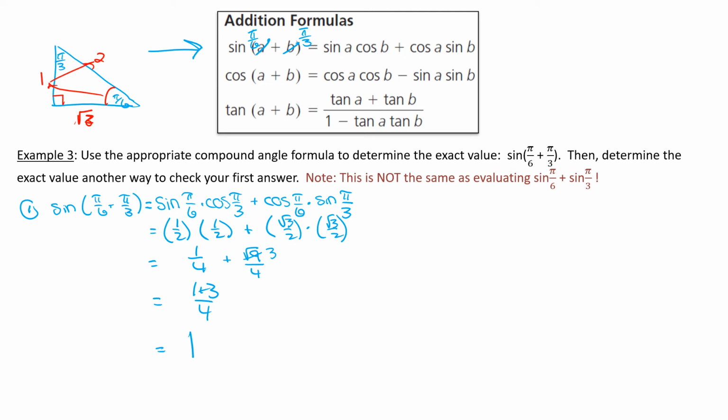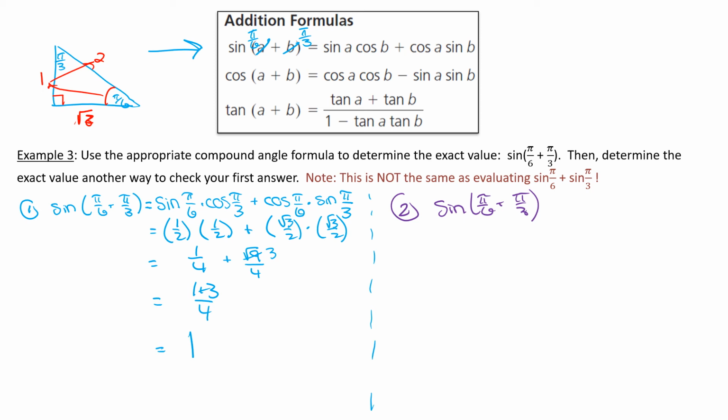But there is another way for this one. This one's kind of a unique one here. So let me show you method 2. Method 2 in this case is not me just doing the same question in degrees. Here's the question: sine of pi over 6 plus pi over 3. So what other way could there possibly be to do this?